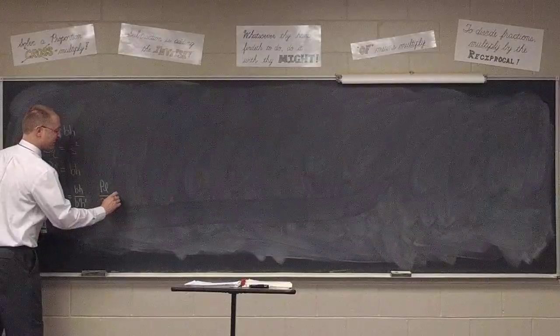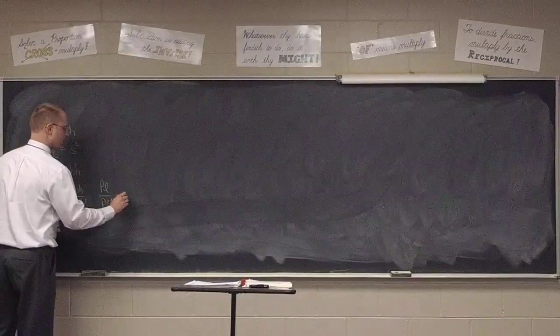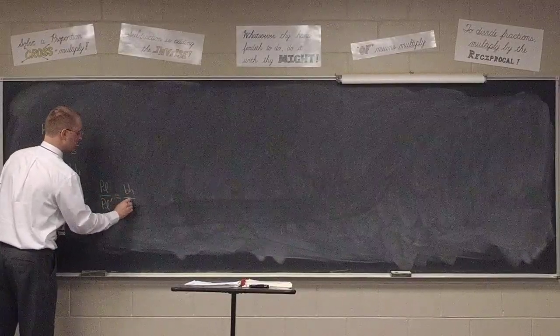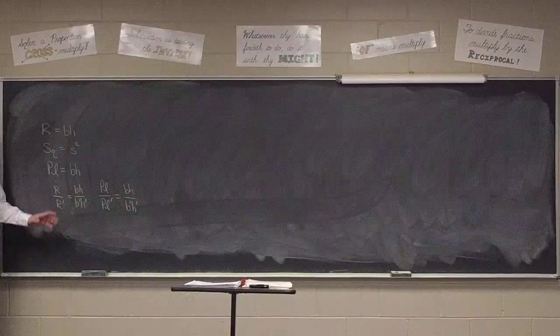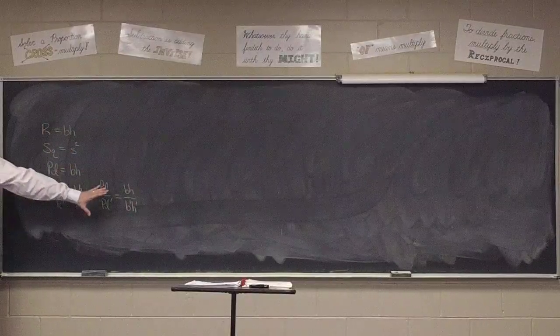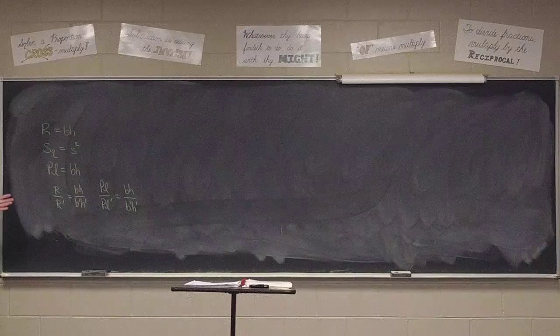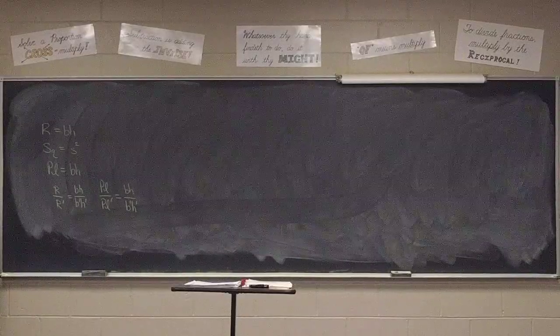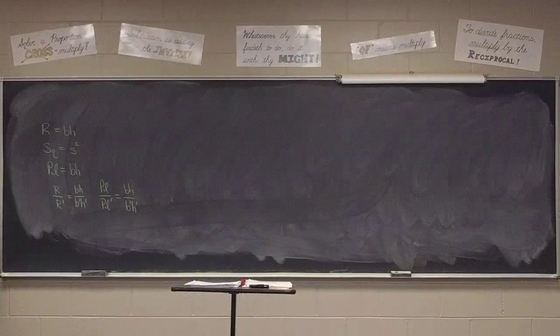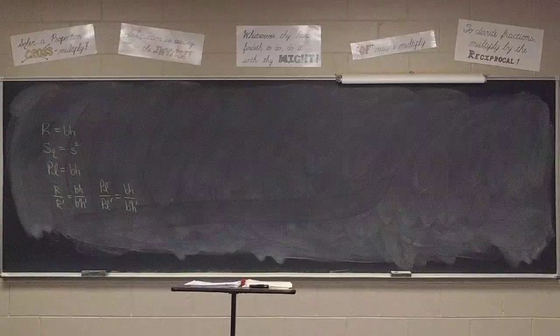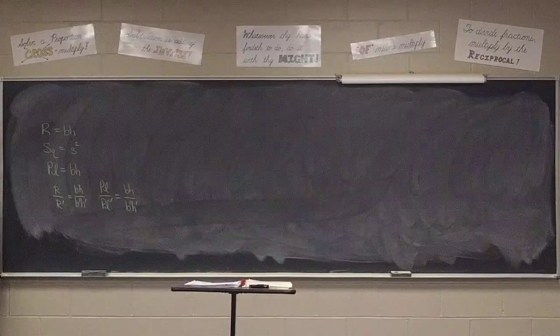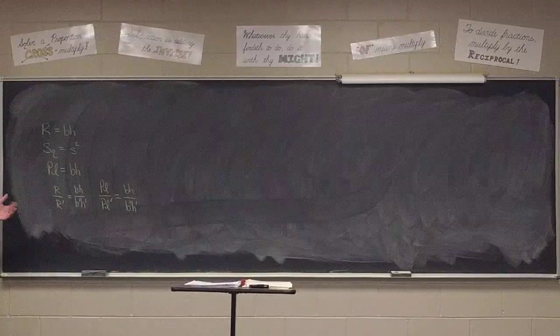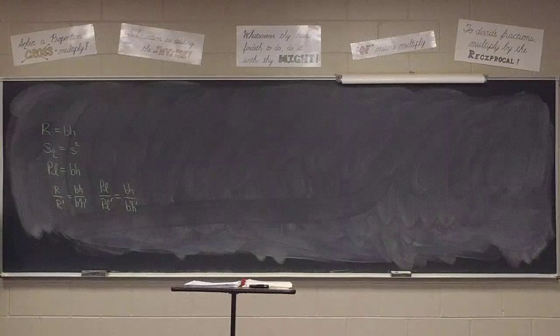Prime. Yeah, that's it. As BH is to B prime H prime. And so we said in the case of both rectangles or parallelograms, if they happen to have equal bases, then their areas will be to each other as their altitudes. And if they have equal altitudes, then they will be to each other as their bases. And of course, if they have equal bases and equal altitudes, then they must be equal.